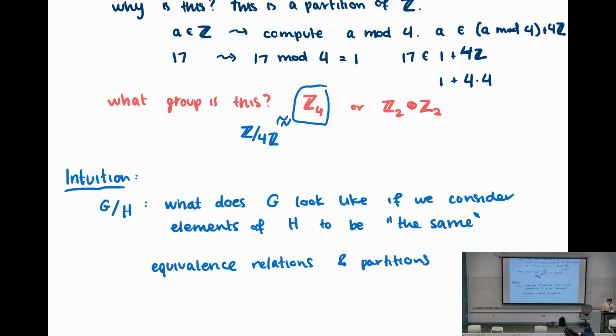There is some equivalence relation saying that two elements are the same as each other if they differ by an element in H. So this is just a statement of intuition, how do you think about these things?